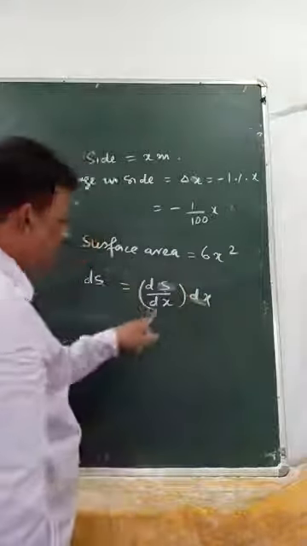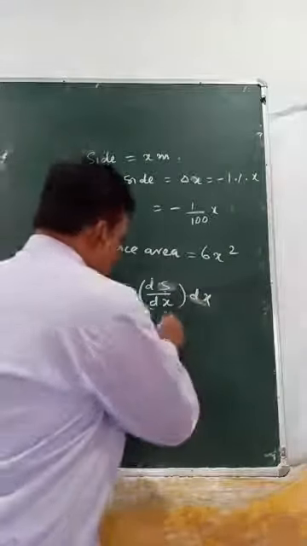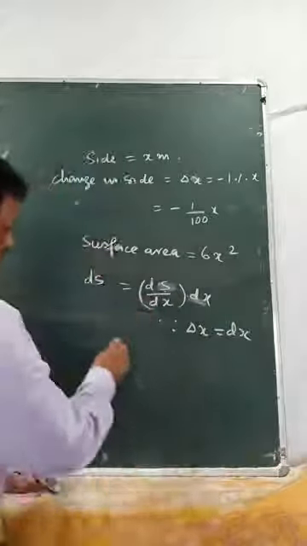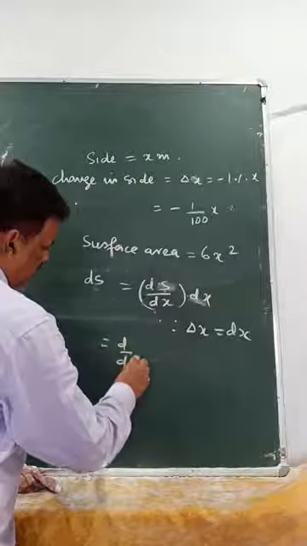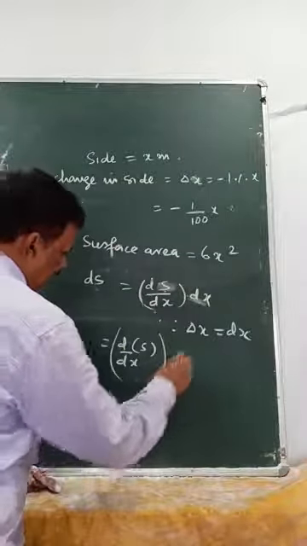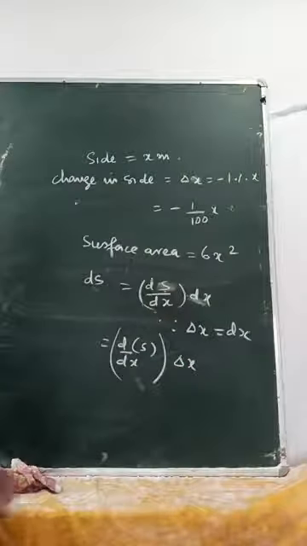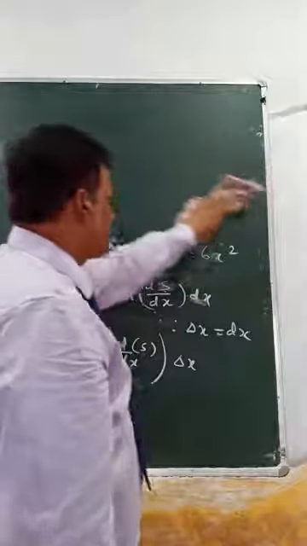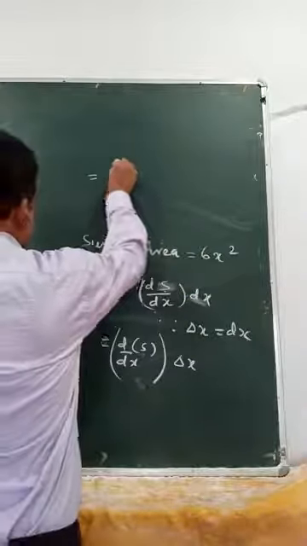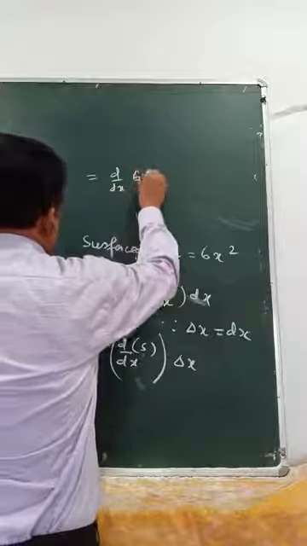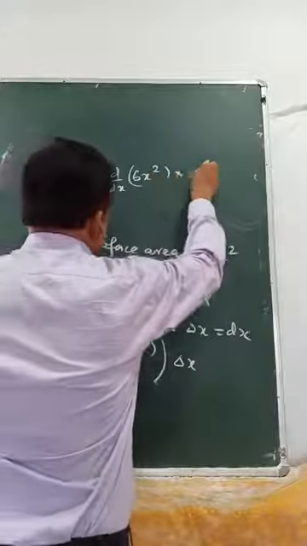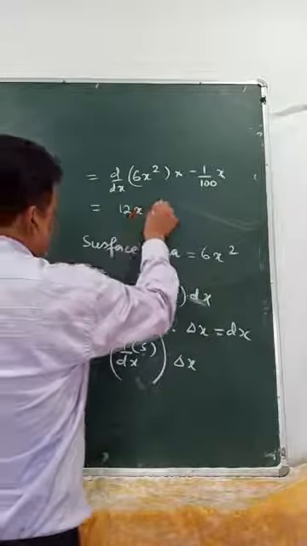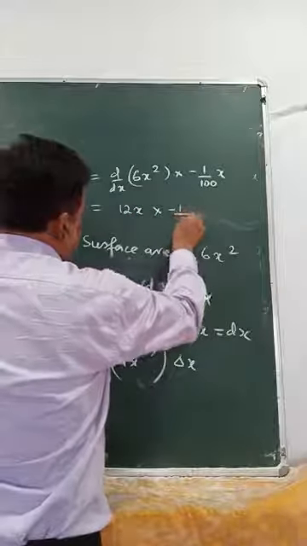But because your delta x and dx are both the same, here I can write d by dx of S into delta x. What is S? S for us is 6x square. So that gives you d by dx of 6x square into minus 1 by 100 x. That is 12x into minus 1 by 100 x.